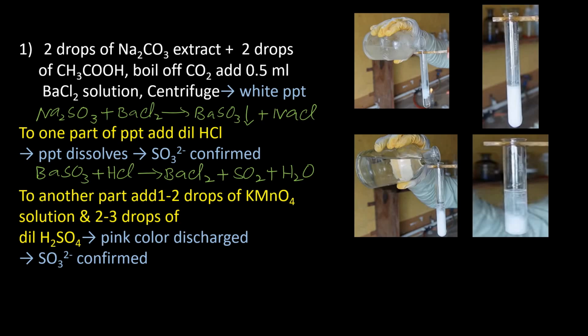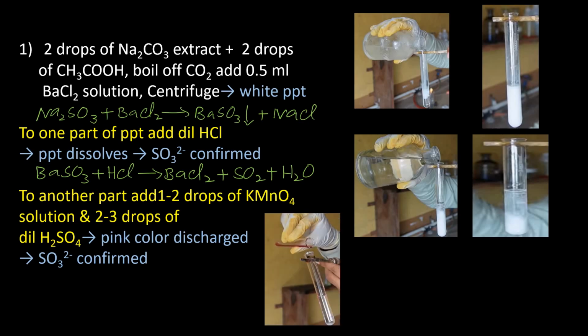Okay. Now, to another part, add 1-2 drops of potassium permanganate solution and 2-3 drops of dilute sulfuric acid. The pink color of the potassium permanganate is discharged. Then sulfite is also confirmed. So when you are adding this potassium permanganate, the pink color immediately discharges. Then what is happening here?